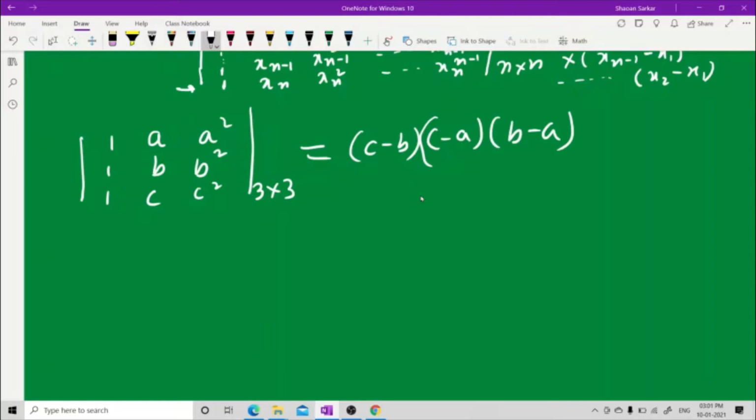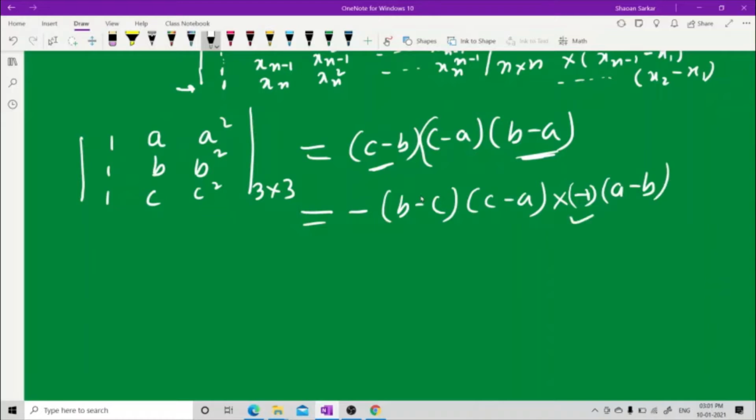Now what you need is to have it in that form. Take a minus common from this one and from this one. So I'm taking a minus 1 out of b minus a, and taking a minus 1 again out of c minus a, giving a minus b and a minus c.